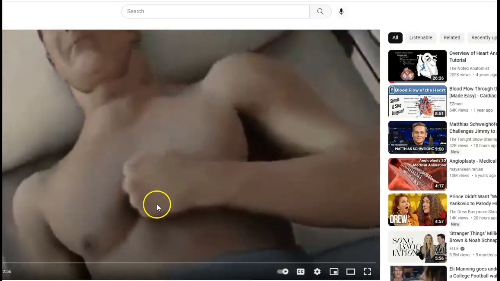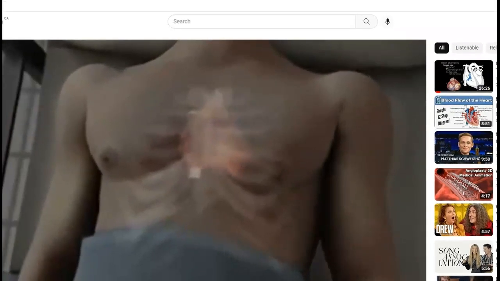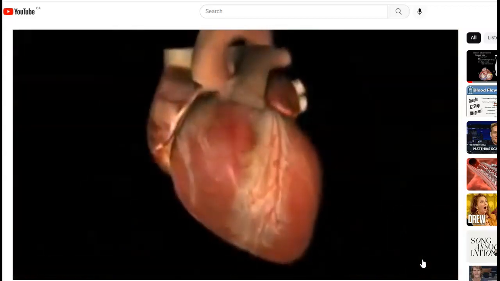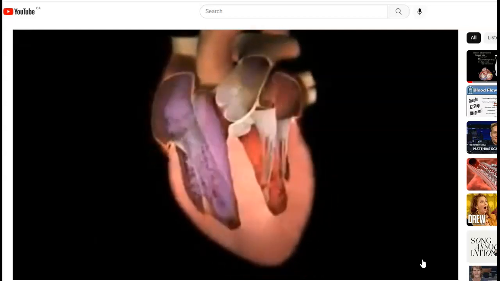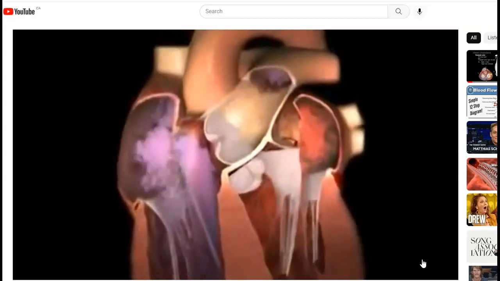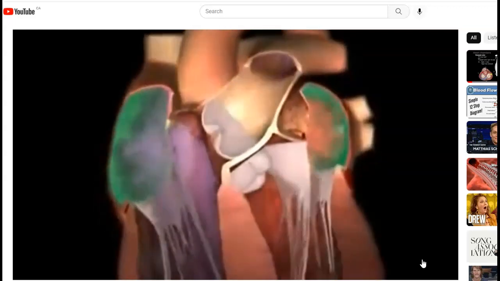The heart is a muscle about the size of your fist. It lies behind and to the left of your breastbone or sternum. The purpose of the heart is to pump blood through blood vessels, arteries, and veins to all parts of your body. The inside of the heart is divided into 4 chambers. The top 2 chambers are called the atria and are collection chambers for blood.